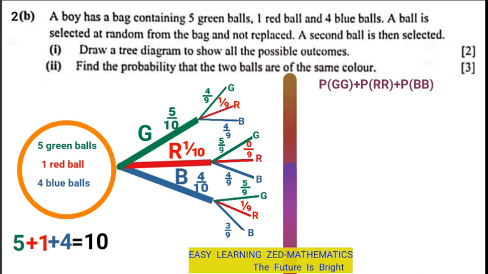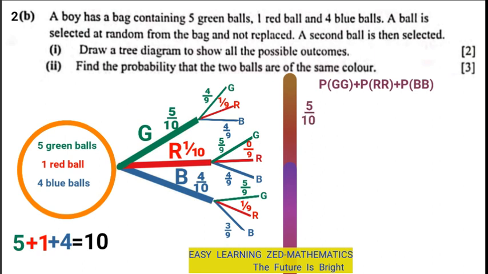Okay, so what is the first probability of getting a green ball? The first one is 5 over 10.